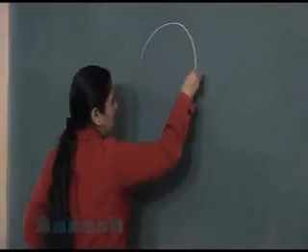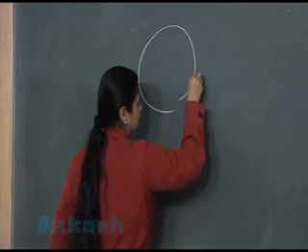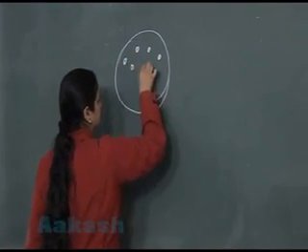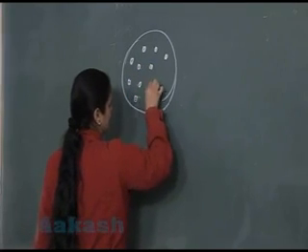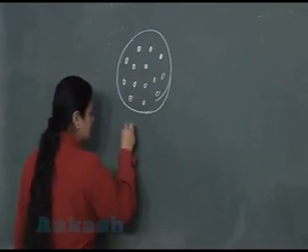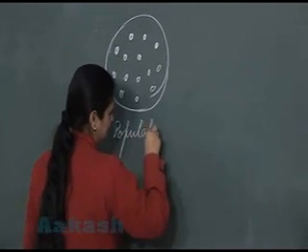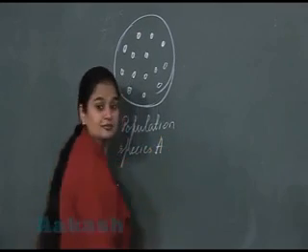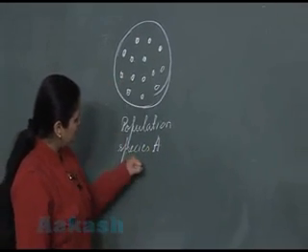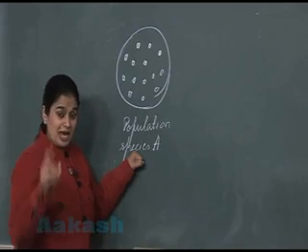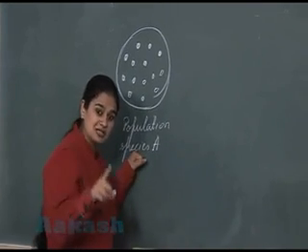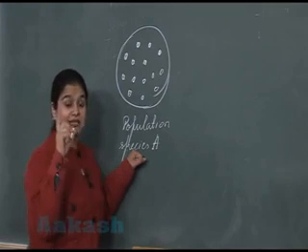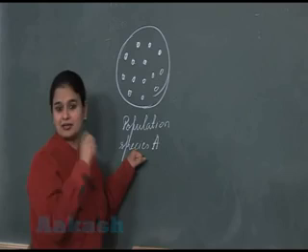Let's say this is our population of species A. A group of individuals which belongs to the species A. According to the biological species concept, all the individuals which belong to the same species have the ability to show interbreeding.